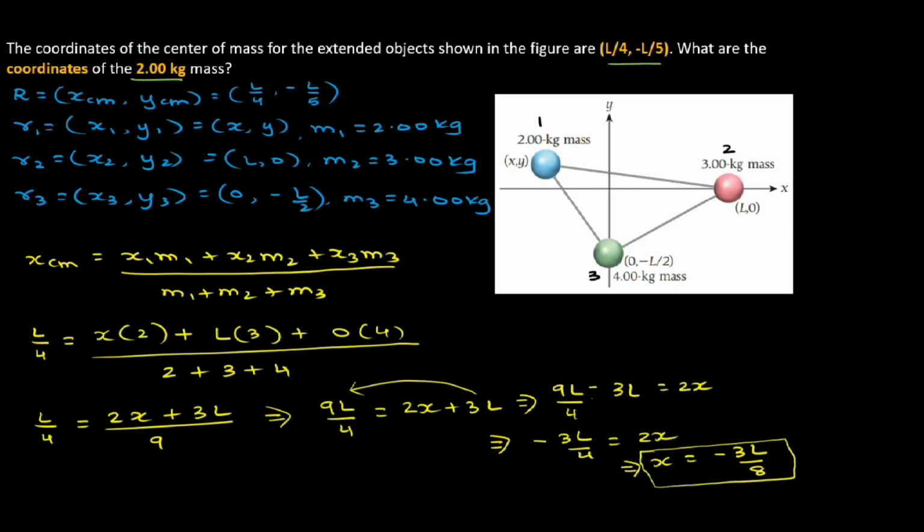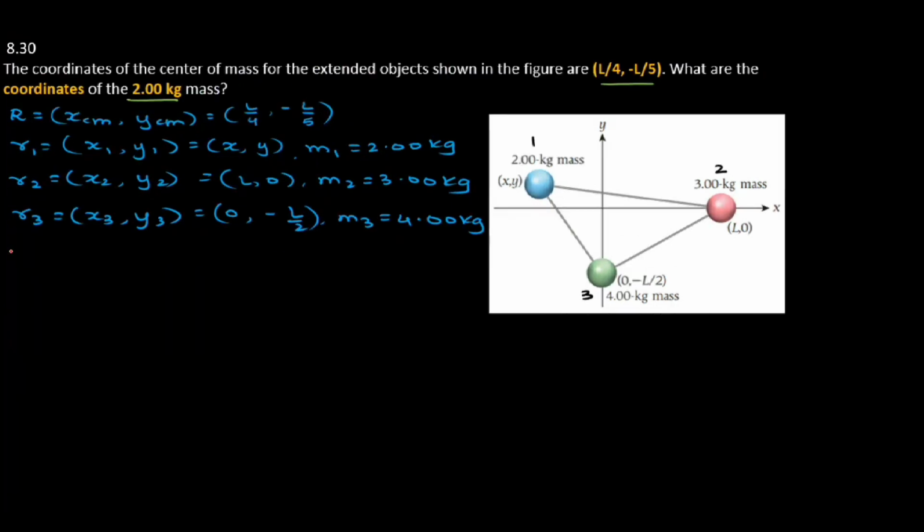Now we do the same thing to solve for y. For y, we write YCM equals y1 m1 plus y2 m2 plus y3 m3 divided by m1 plus m2 plus m3. Now do the same thing.